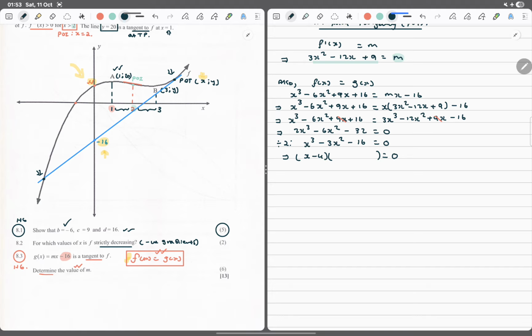Now let's try. To get 16 we need 4, isn't it? This must be plus 4. Now we can focus on the middle term. We want 3x squared. Oh, sorry, here we're going to have x squared. Now we want 3x squared to come out. So what must we multiply there?